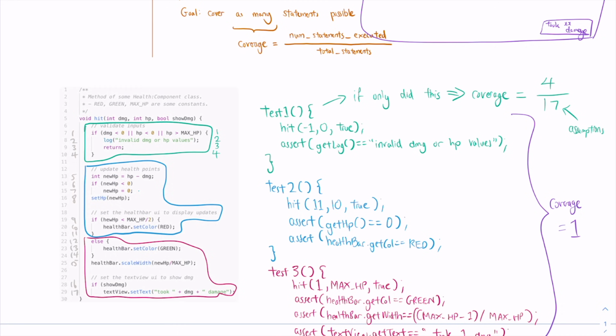Well, I guess the answer is no, because if you look at this last statement over here, yeah, we covered all statements, but actually there is a hidden else here, right? So what if, for example, the show damage is part of a user setting, and if they set it to false, the user doesn't expect to see this thing on the screen.